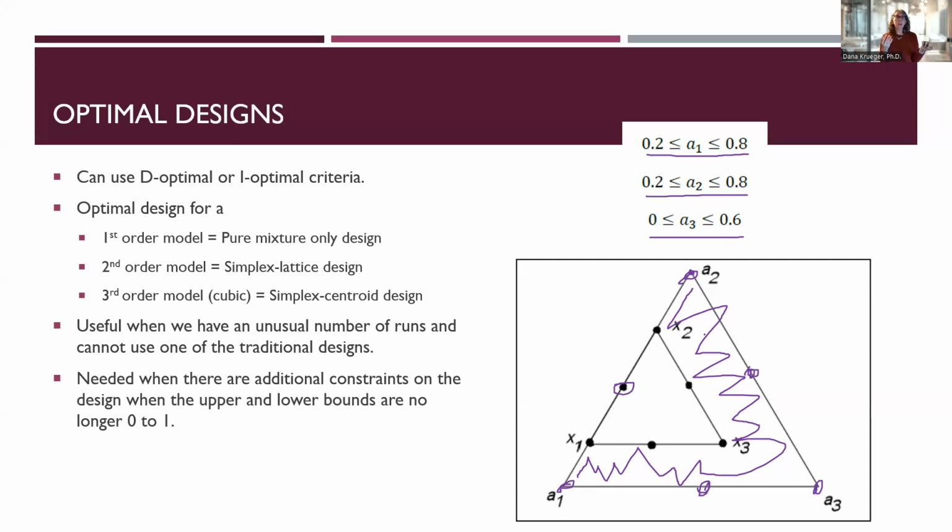So optimal designs will better account for those linear constraints we might have in the mixture and be able to look at the design space, maybe shrink it into a triangle that fits. Maybe it's not even a triangle shape. Maybe there are parts cut off where like, oh, it's not even this part. And just being able to work around that and to create a design using D-optimality or I-optimality, and different software will use different kinds of methods.